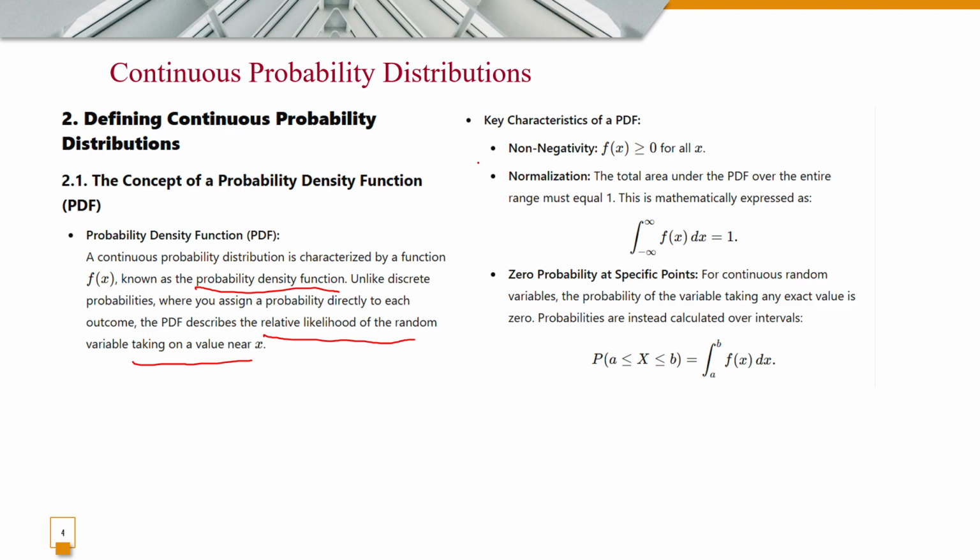The first one is non-negativity, and the second one is normalization: the entire range must be equal to 1, the total area. And for zero probability at a specific point, for a continuous variable, the probability of the variable taking any exact value is zero. Probabilities are instead calculated by the use of integral calculus, or integration.